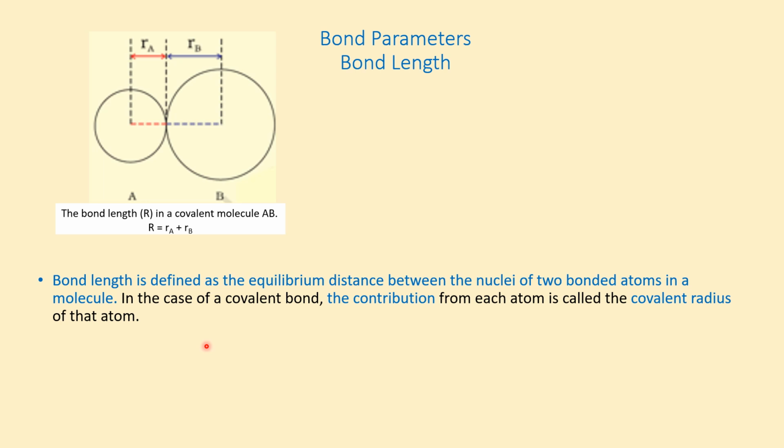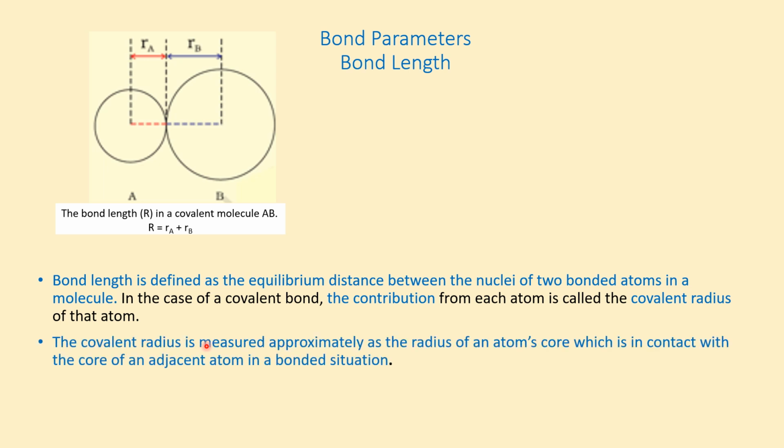Each atom of the bonded pair contributes to the bond length as shown in the figure. The covalent radius is measured approximately as the radius of an atom's core which is in contact with the core of the adjacent atom in a bonded situation.